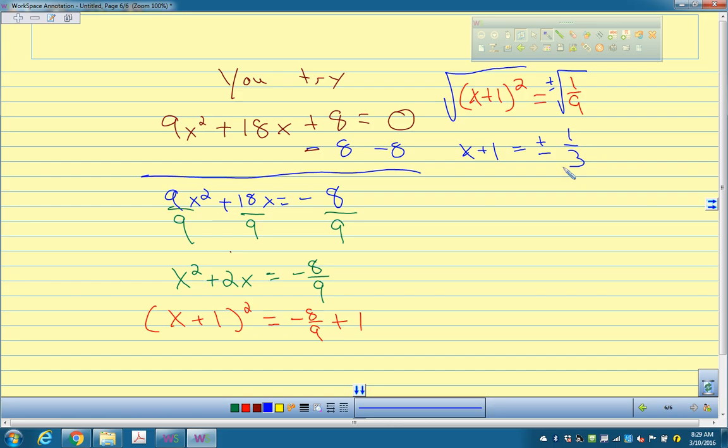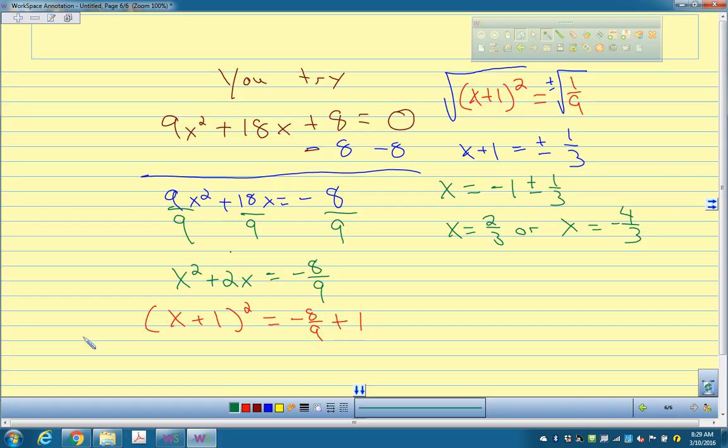Now I just subtract 1 from both sides, so I get x equals -1 plus or minus 1/3, which is -1 plus 1/3 is -2/3, or -1 minus 1/3 is -4/3. Not that horrible. If you don't like fractions, it's kind of horrible, but you could use a calculator to help you with the fractions. But you got it, right?